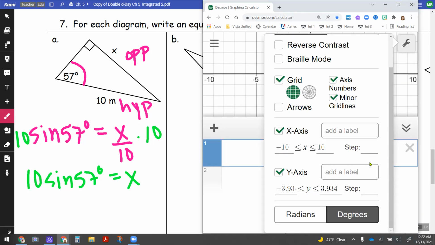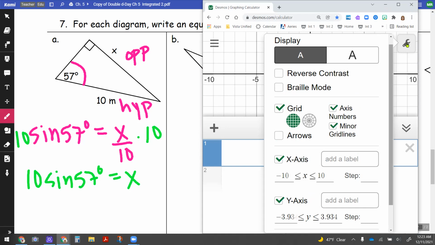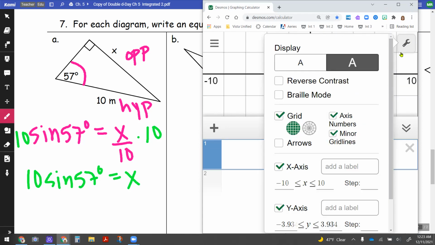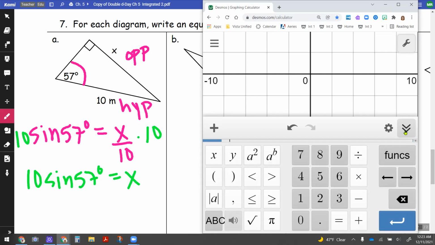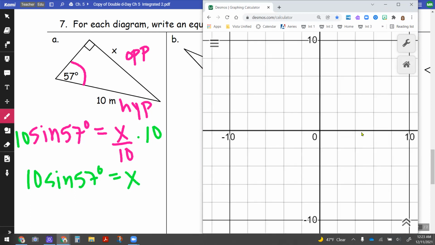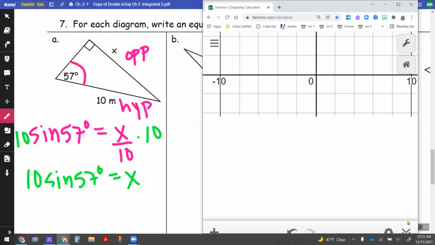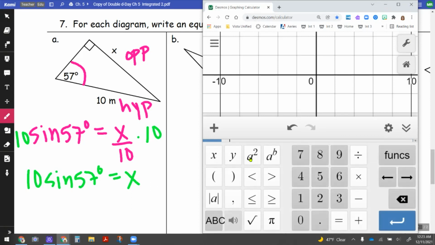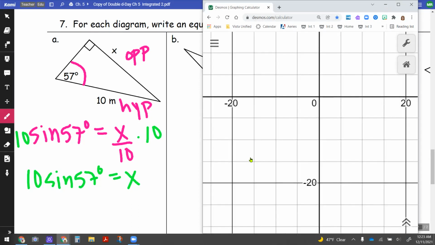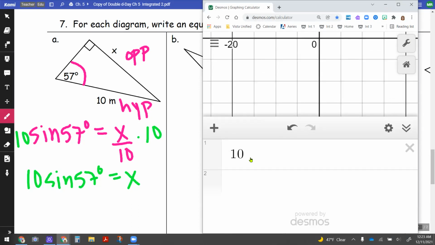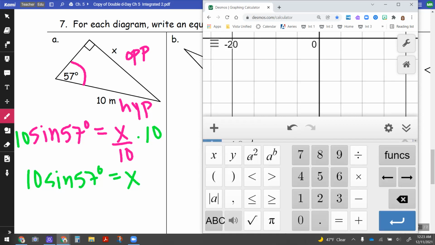And I'm going to make sure that it is in degrees. Okay. And so I'm going to go 10 sine of 57 degrees.